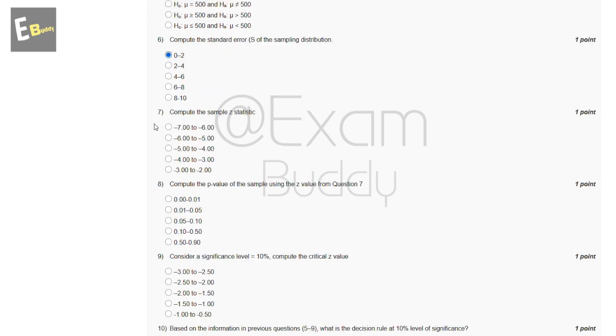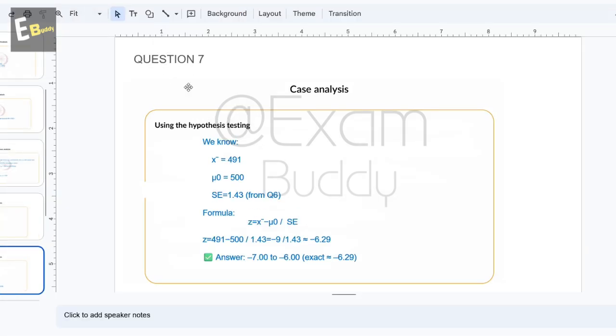Now the seventh question is: compute the sample Z statistic. These are the options, and let's check the answer of question 7. Using hypothesis testing, we know x bar equals 491, mu naught equals 500, and SE equals 1.43. Using the formula, the answer is approximately minus 6.29, which lies in the range minus 7.00 to minus 6.00.